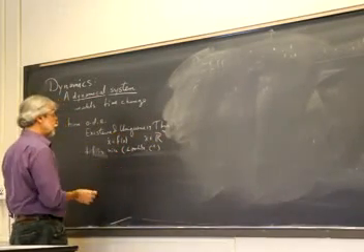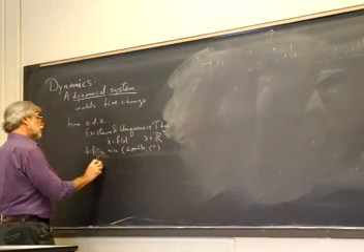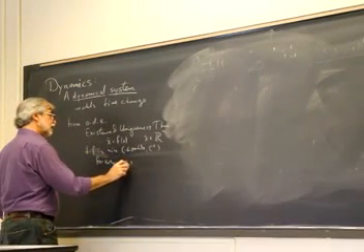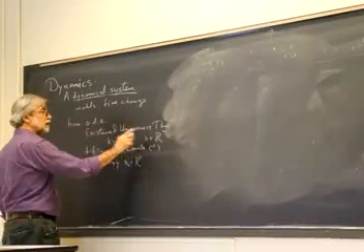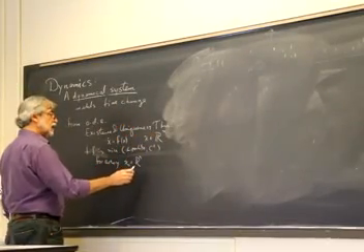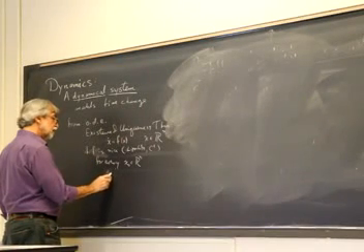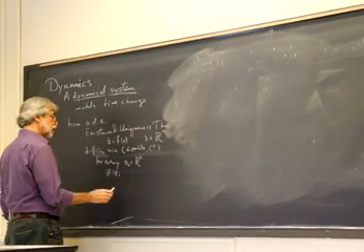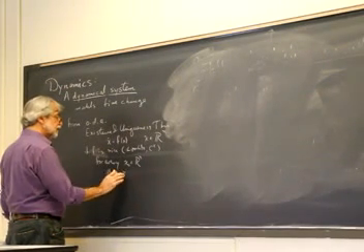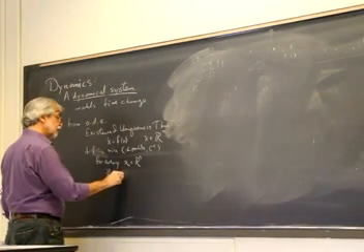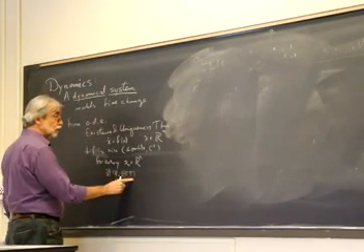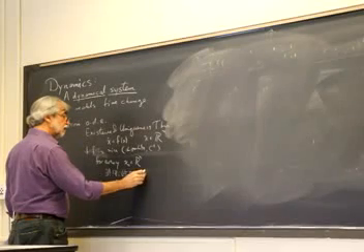Then for every point in Rn, in phase space, there's a unique function from some interval, let's say from minus t to t, where t may be infinite, in fact, you hope it is, to Rn.